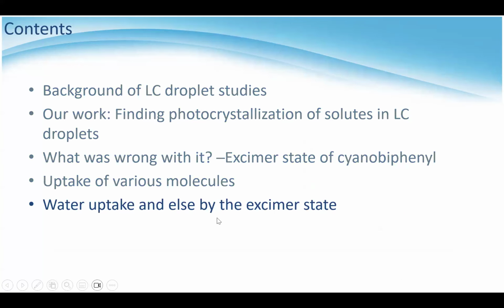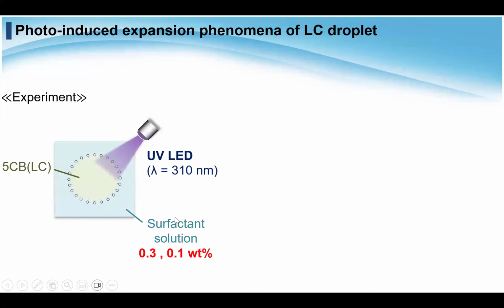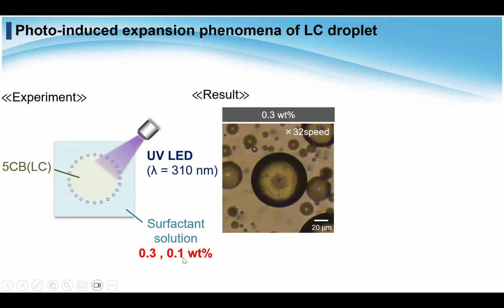So finally, I will show another interesting phenomenon recently found related to the excimer state. What we did previously is that UV light is illuminated onto the liquid crystalline droplet in the surfactant solution over the CMC concentration. And we tested various different concentrations.